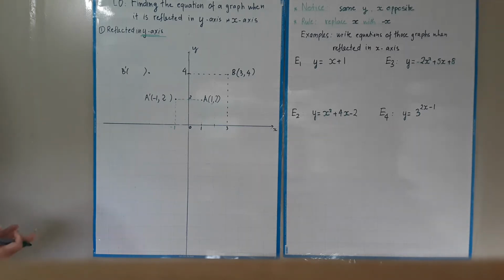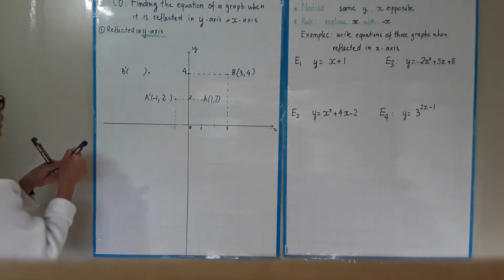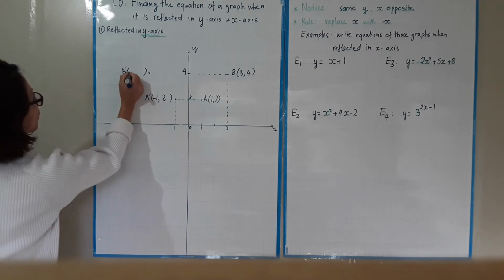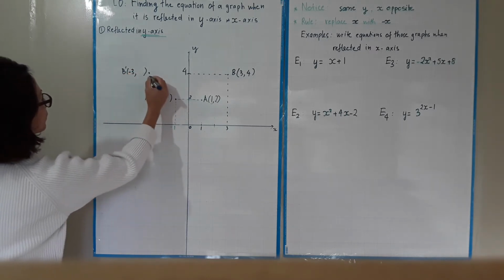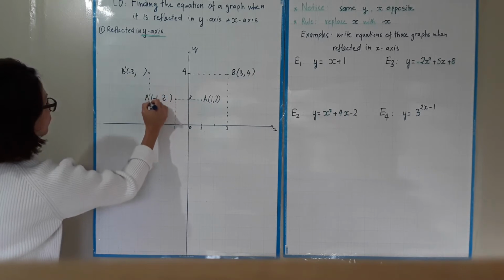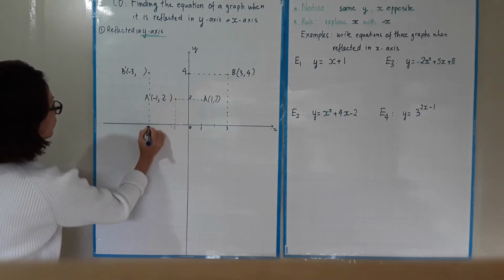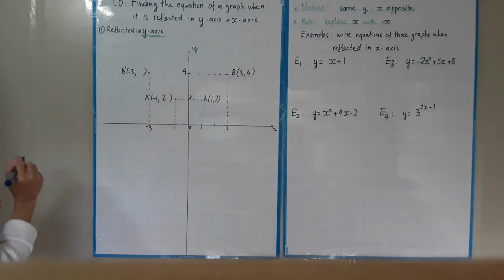Look at point B. B has coordinates (3, 4). X is 3 and y is 4. So the image of B in the y-axis is (-3, 4).